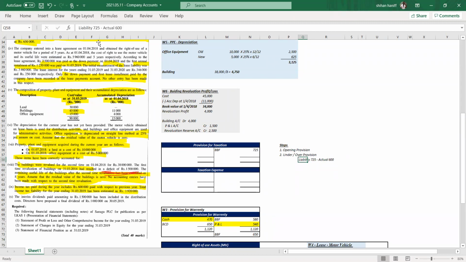And this is an over provision of 125. Last year, we made a liability of 725, but actual amount is 600. So there is 125 extra. What you can do is deduct from the liability and credit the expense. Deduct from the expense. Over provision.